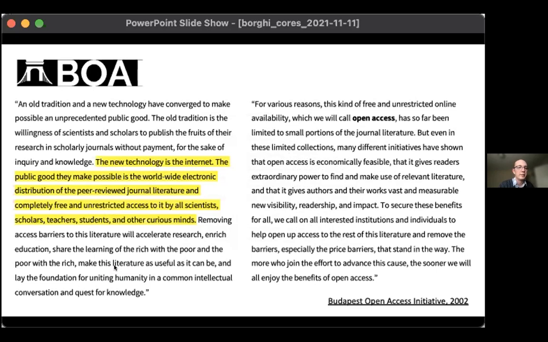In this statement, they cite that we have the internet, a method for making things available that we can take advantage of to disseminate things widely and openly. And so this is what I mean by we can and we should. We have the tools to disseminate research reports, data sets, code, all kinds of research objects.